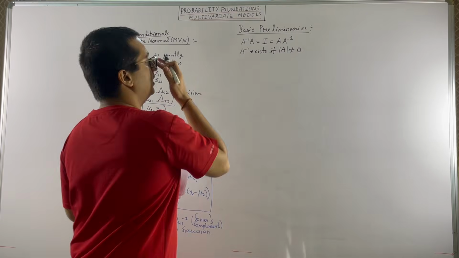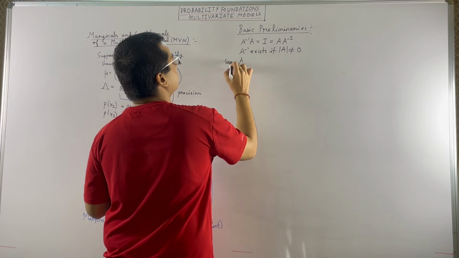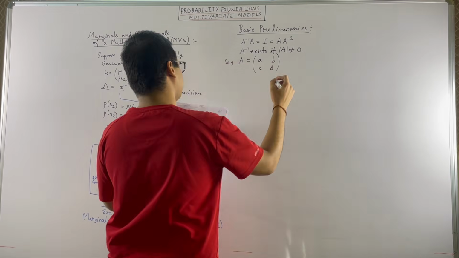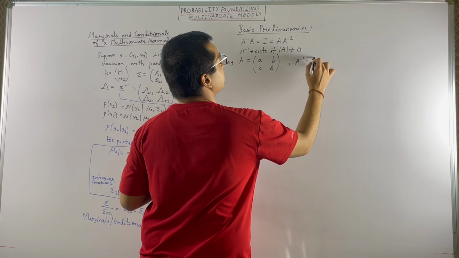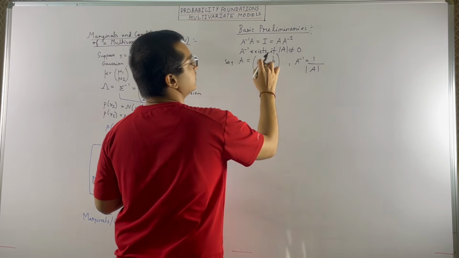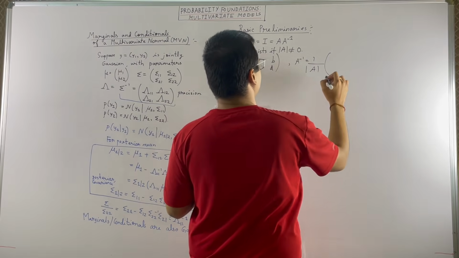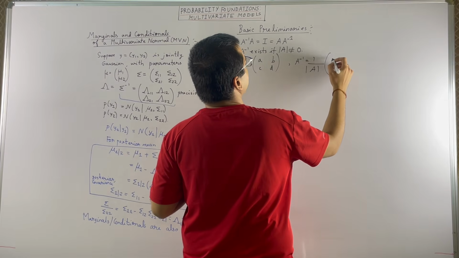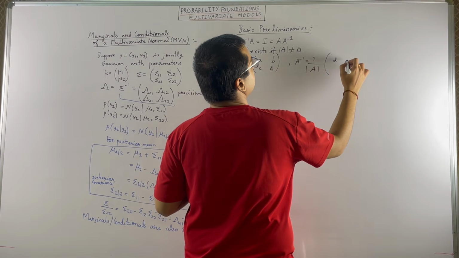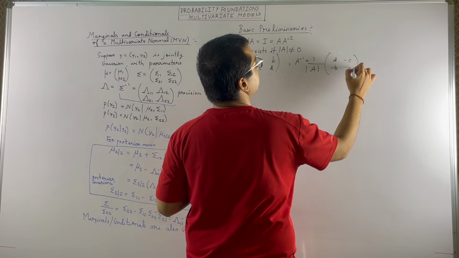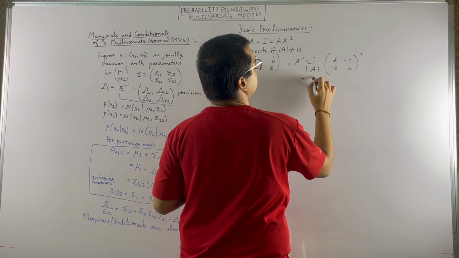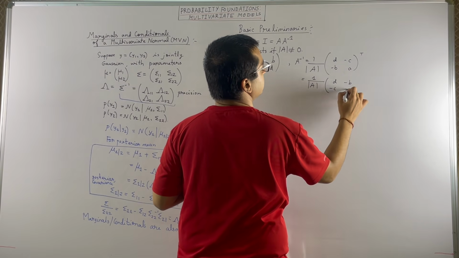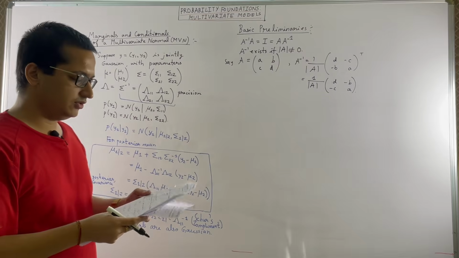And let's say the matrix A is this, then how do we write the inverse? It is 1 by the determinant of A, which is AD minus BC here, times the transpose of the adjoint. The adjoint is D, minus C, minus B, A, right? I think you all know this.